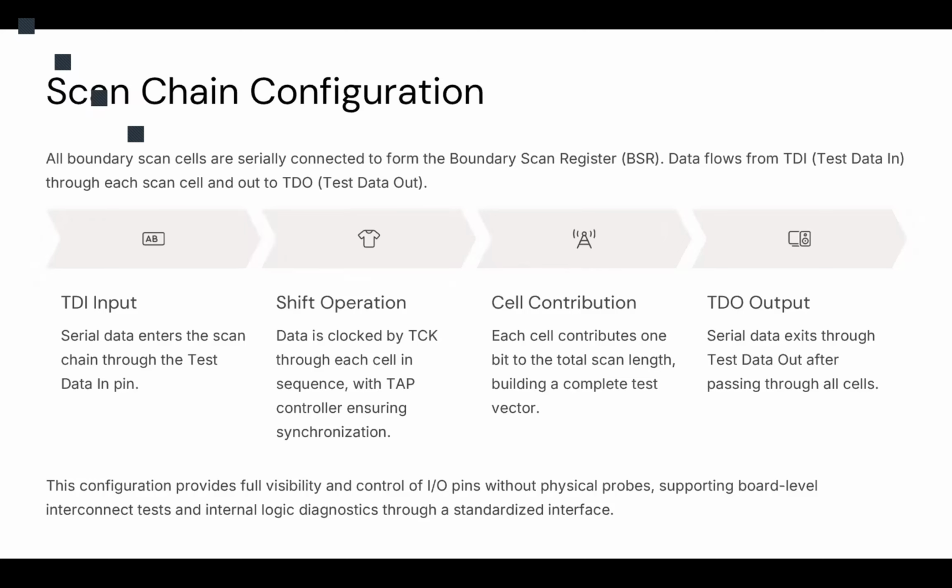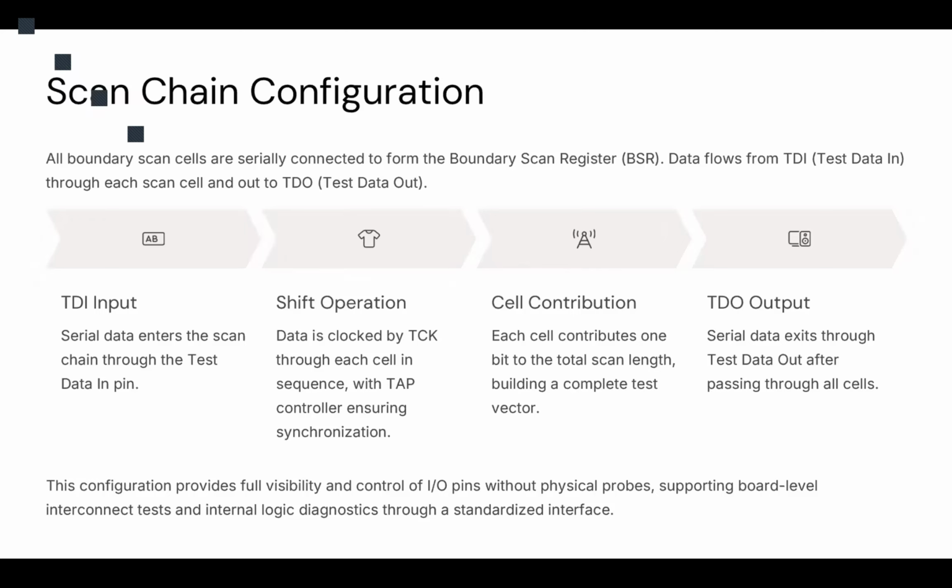Let's think about a shift register made up of 1 bit per input or output port. The input, output, or bidirectional pins all have their own scan cell individually, and as we said, they are linked head to tail, so they are connected in series.